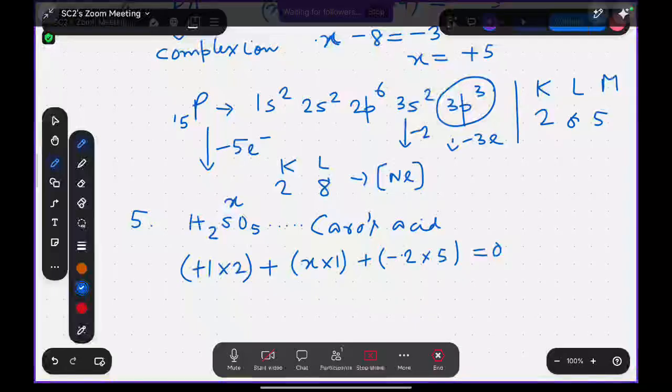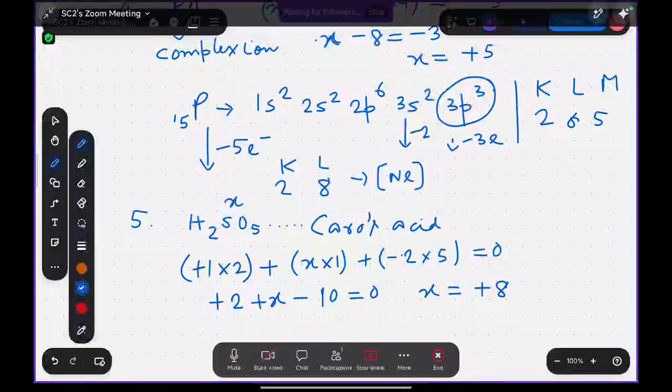So the equation comes to be +2 plus x minus 10 is equal to 0. So x comes to be +8. That means in Caro's acid, the oxidation state of sulfur on simple calculation comes to be +8.